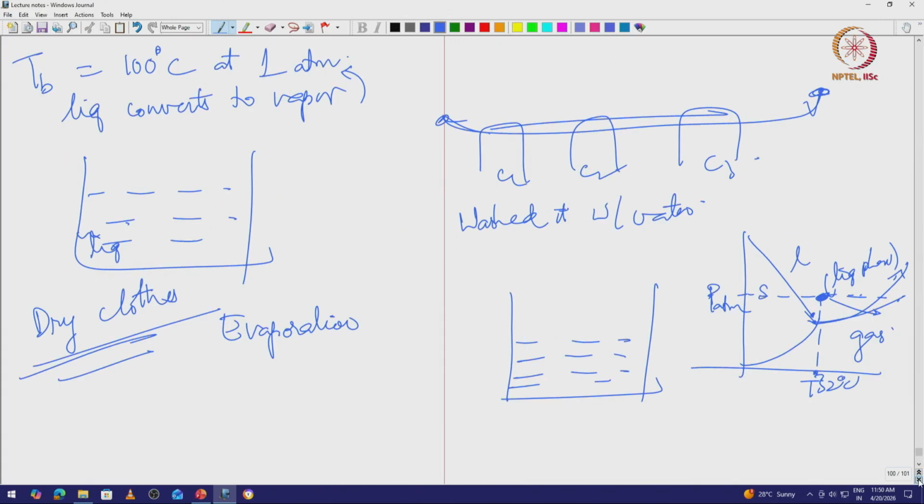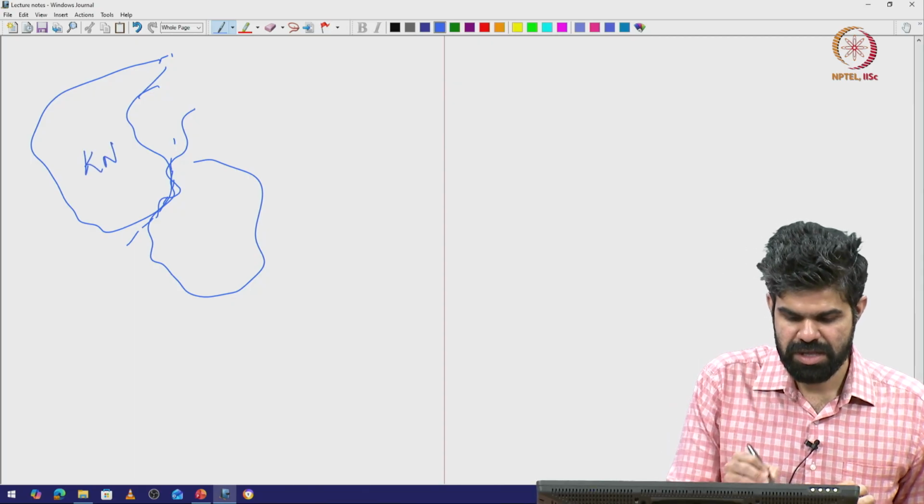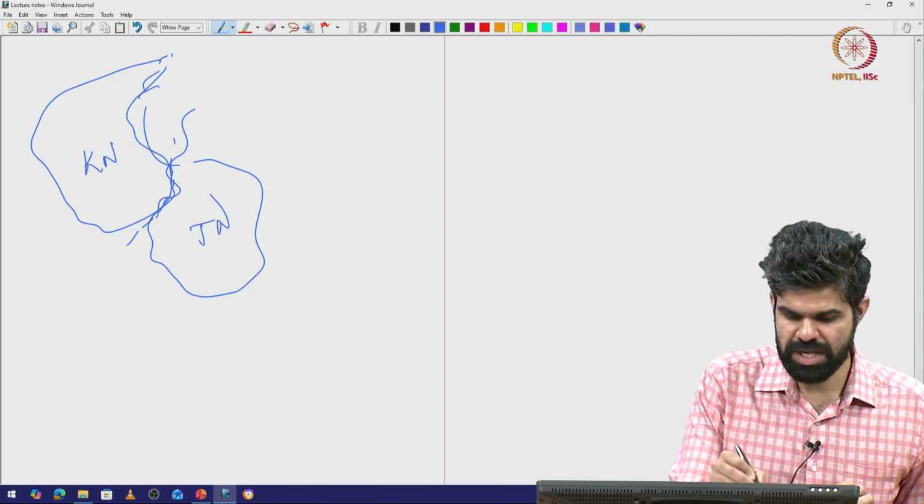Let us say I like driving, and let me try to draw Karnataka, this is Karnataka, and somewhere here comes Tamil Nadu, right. I am driving somewhere here on the border, right. I can be in Karnataka, I can be in Tamil Nadu, I can be in Karnataka, I can be in Tamil Nadu. So this is Karnataka, this is Tamil Nadu, and then this is Andhra.